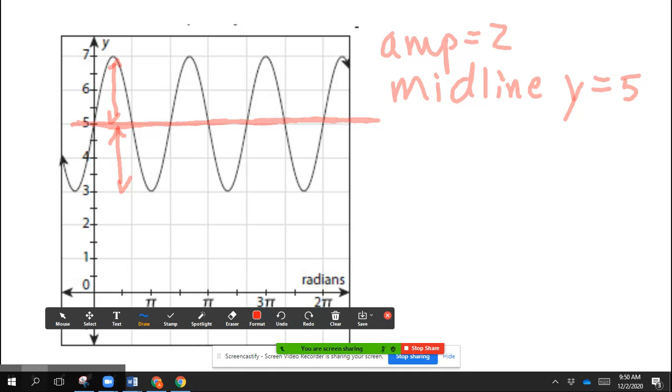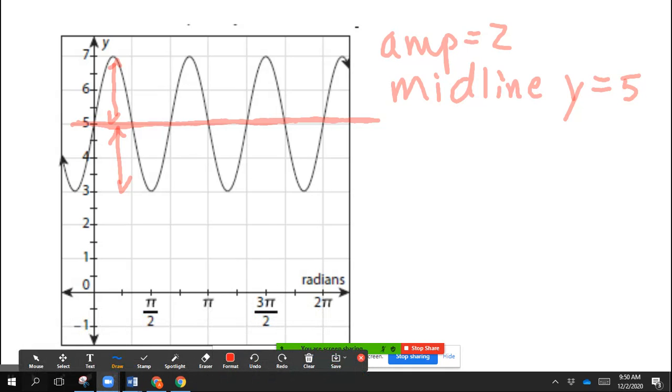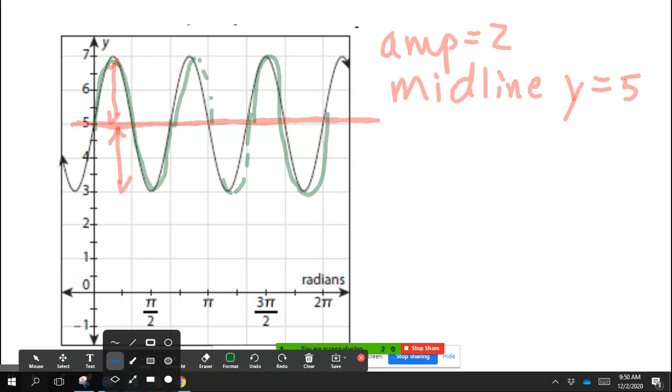So let's see, I am seeing here that it's starting at its midline. And let's go 1, 2, and 3.